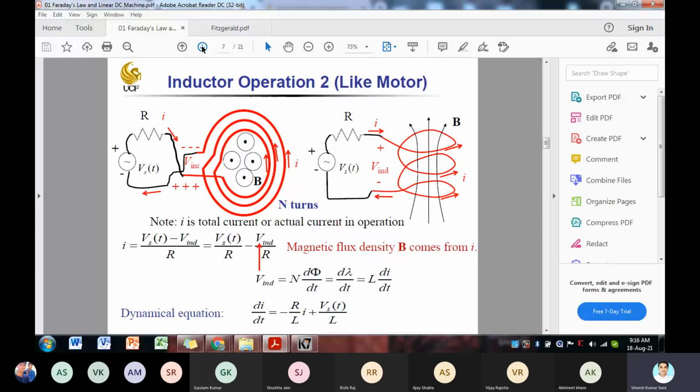There is a flux density and a source voltage, and after a drop across the resistance some current is there. Suppose this is a circuit resistance R, and overall the voltage applied across the coil is V induced. Okay, so here you can see that the flux set up by the coil will be equal to B. Okay, so here you see I equals Vs minus V induced upon R, it is separated, and here you can see that V induced equals N d phi upon dt.